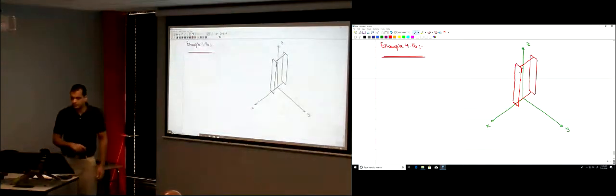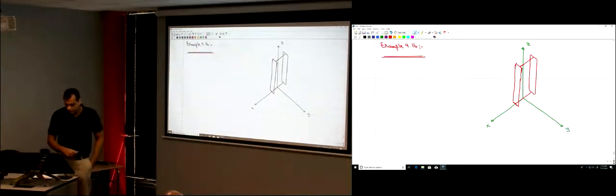So that's the column extruded in this direction.